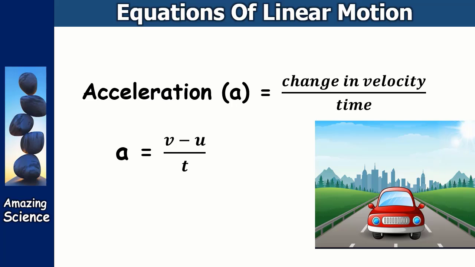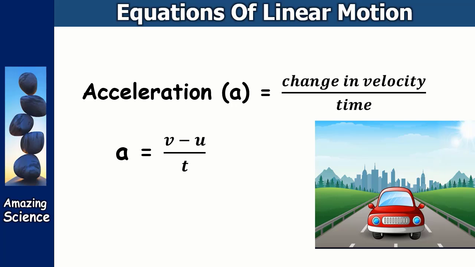So acceleration is basically change in the velocity of a body within a period of time. Usually, when a body is accelerating, its final velocity is greater than its initial velocity. That is why the change is the final velocity minus the initial velocity.